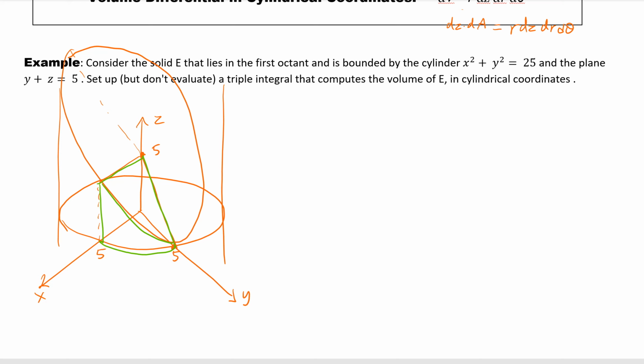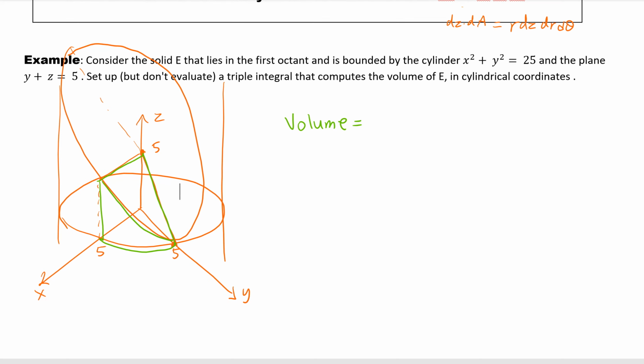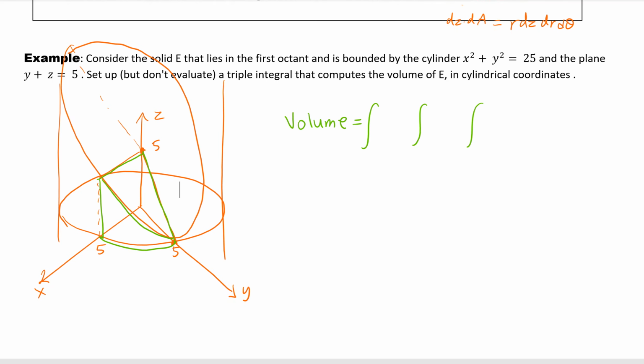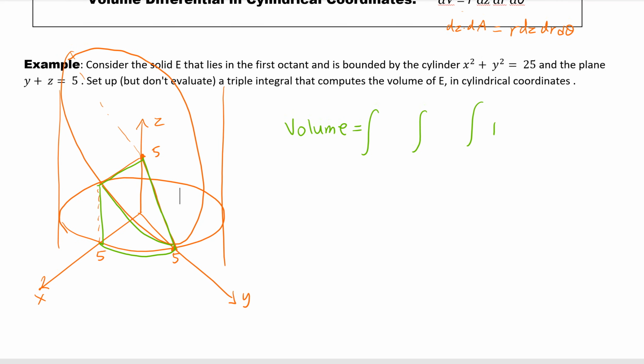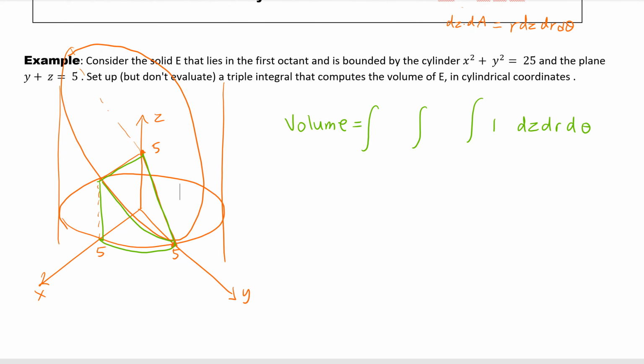Now let's see. So the volume equals, so we want to compute volume, so that's 1, and then we have dz dr d theta. Okay, so we look from the outside.